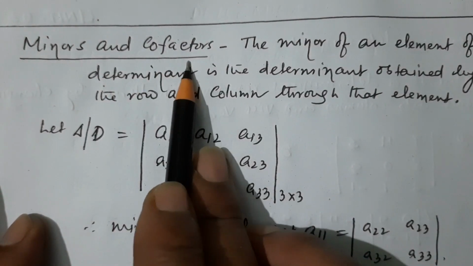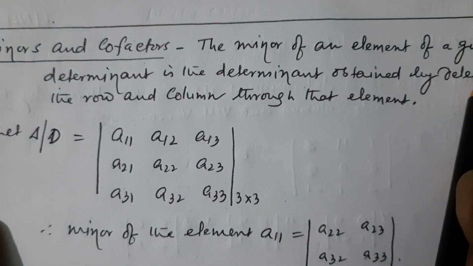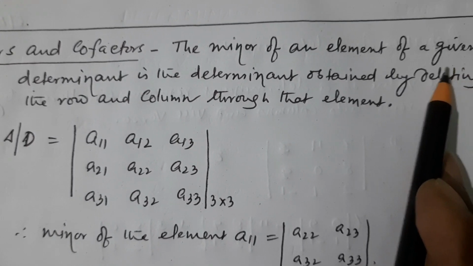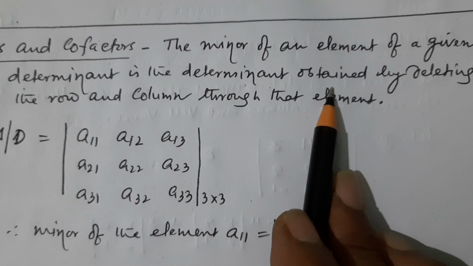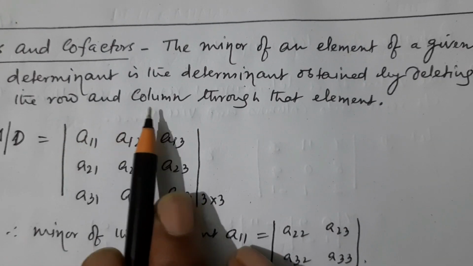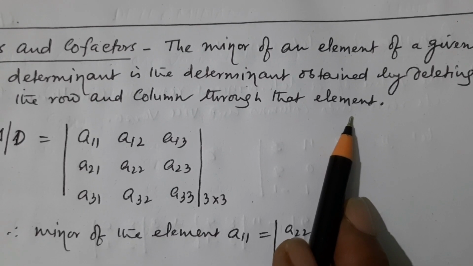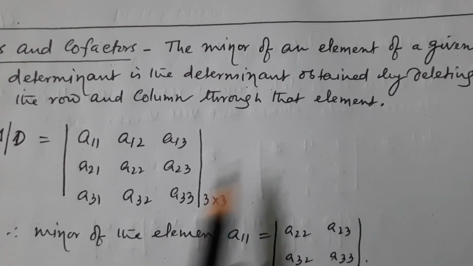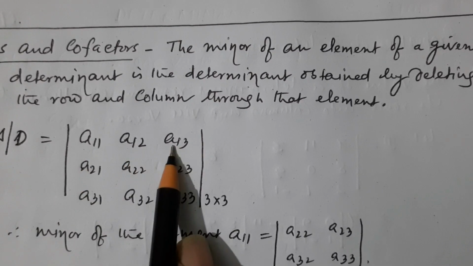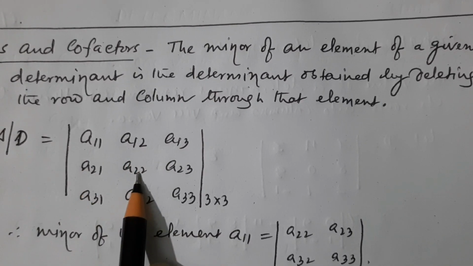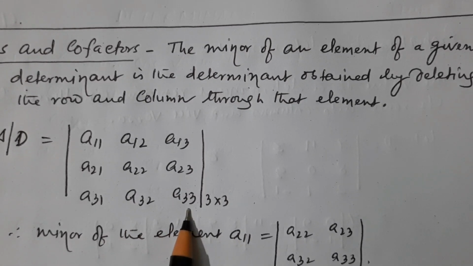Minors and cofactors. The minor of an element of a given determinant is the determinant obtained by deleting the row and column through that element. We just consider an example: delta equals the determinant a11, a12, a13, a21, a22, a23, a31, a32, a33.